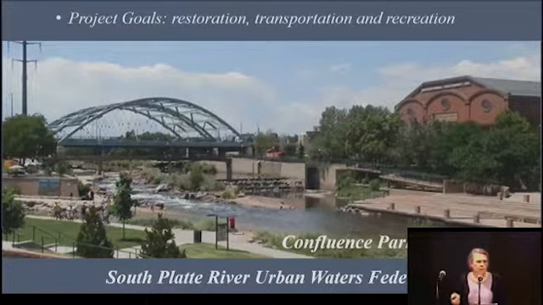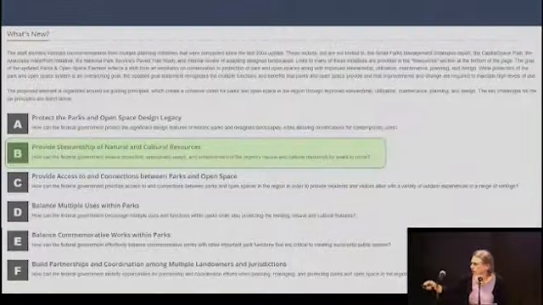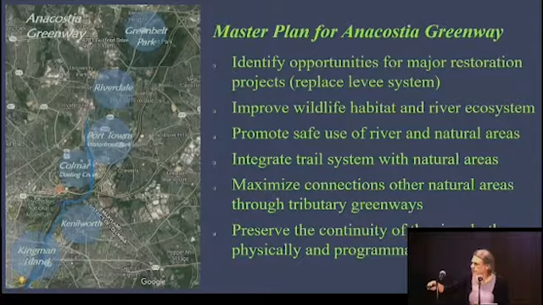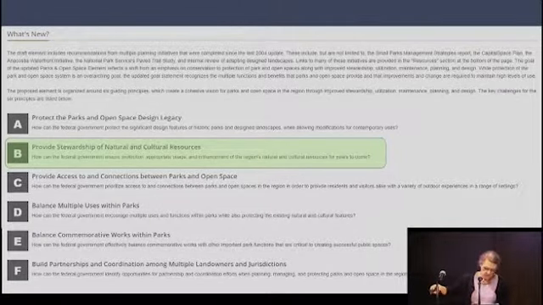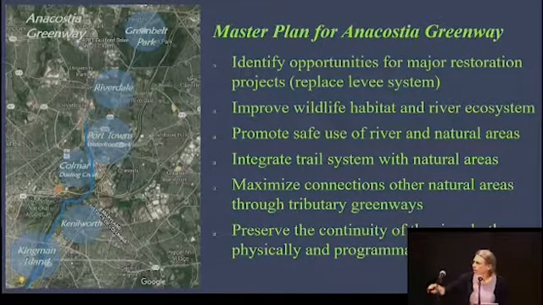And a lot of this is directed, obviously, because we're focused on the Anacostia Watershed, on a master plan for the Anacostia Watershed. We feel it's consistent with the plans.